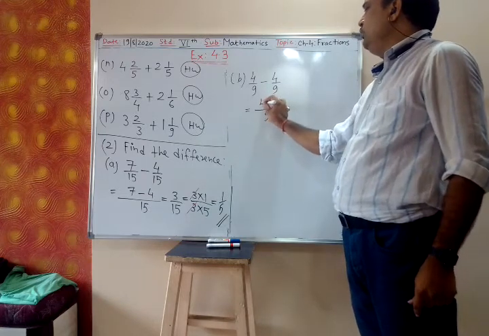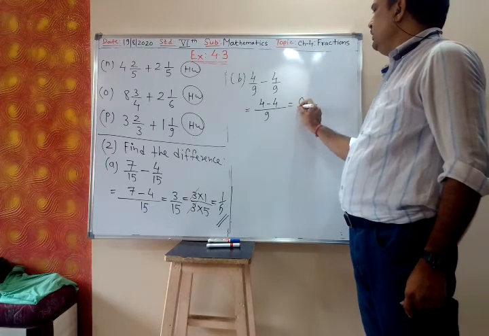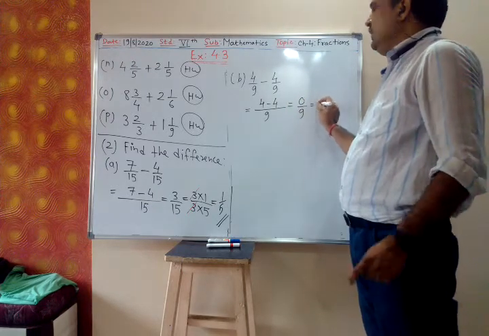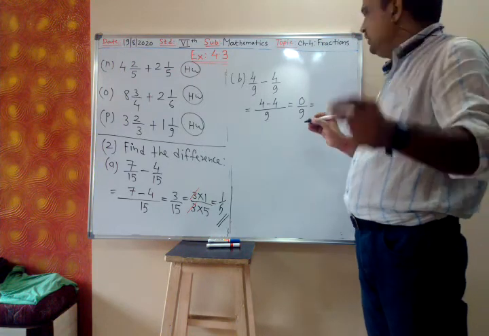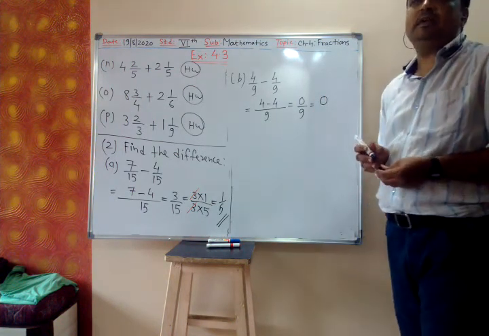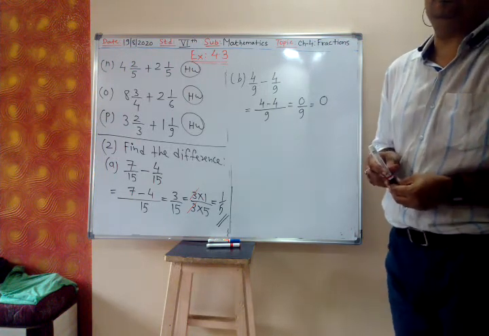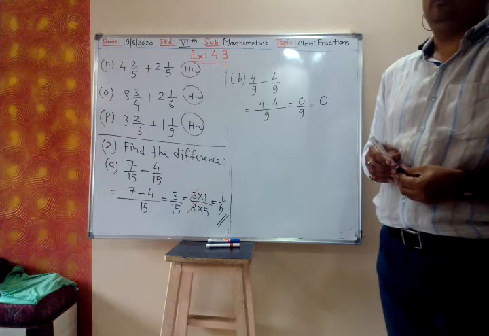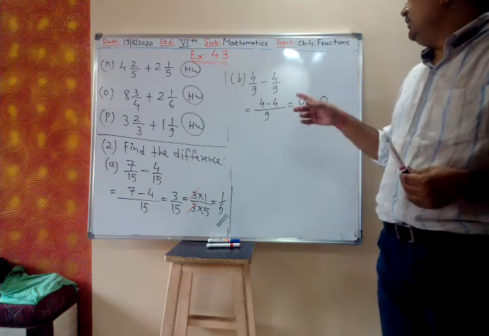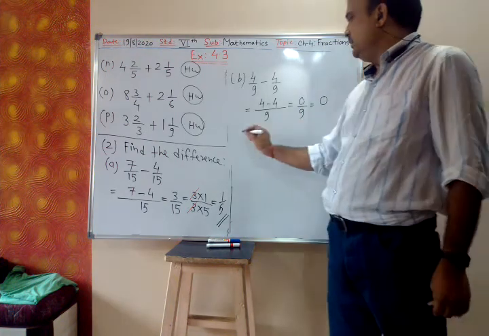Then the numerator will be 4 minus 4. What is 4 minus 4? 0. So 0 upon 9. Whenever the numerator is 0, the answer becomes 0, and when the denominator is 0, it is not defined. So 0 upon 9 we write as 0.